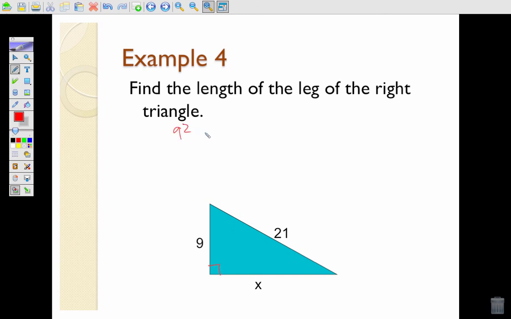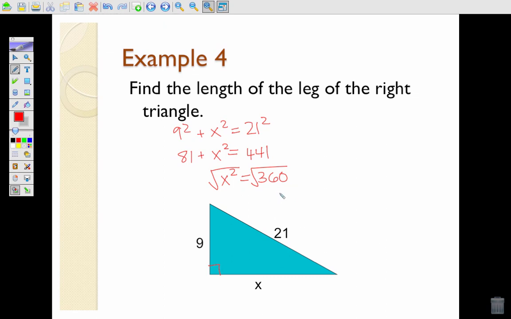Example 4. Pretty straightforward. We're missing a leg, so we have 81 plus x squared equals 441. Go ahead and subtract, and I get 360.